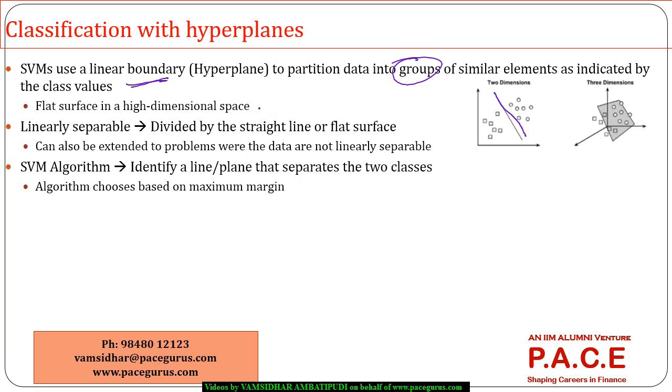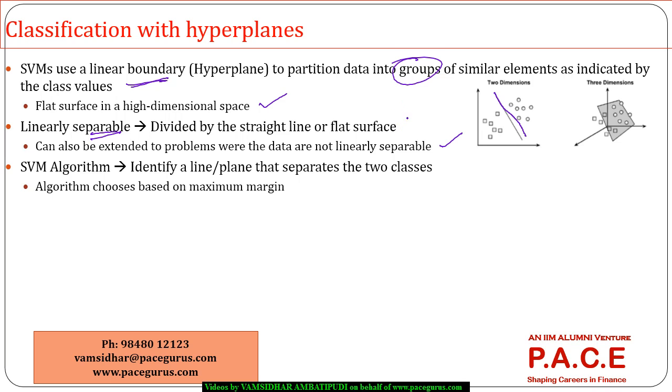If it is multi-dimensional, then we look at it as a plane. Otherwise, it's a simple line that is doing the bifurcation between the groups. So they are all linearly separable, and I can separate the groups with a linear line or a simple plane. But I can extend this mechanism even if the groups are not linearly separable.